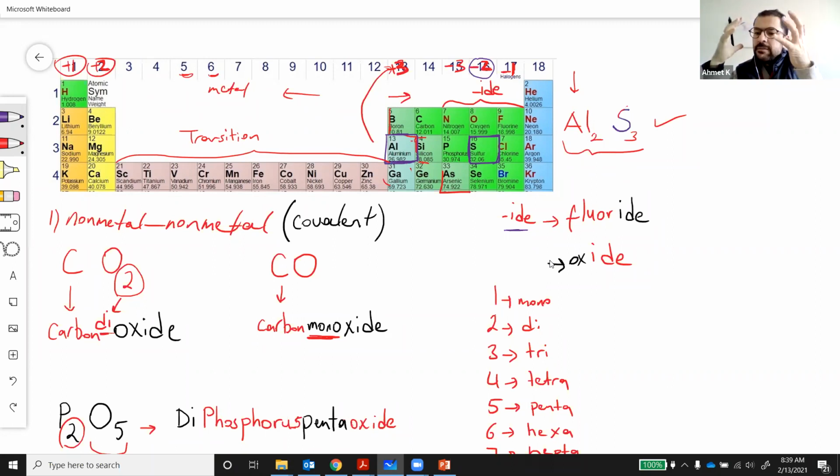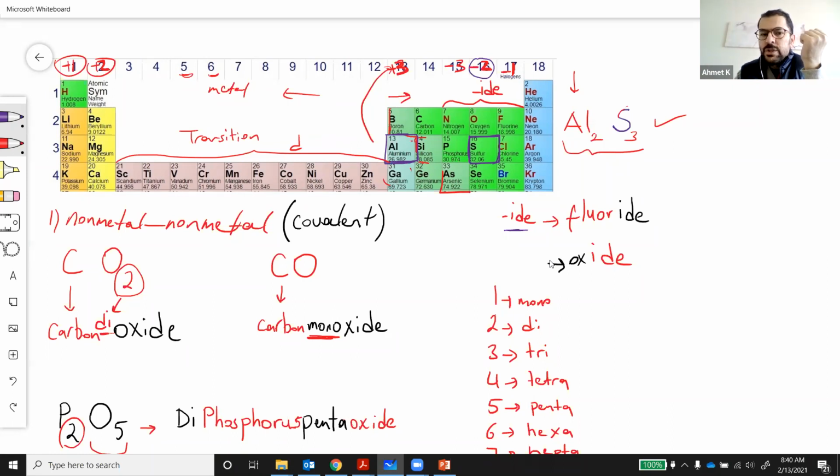We are not covering this in detail, but because they are large, remember the shells, they need extra orbitals. They have d orbitals, and because they have large d orbitals, they can do some weird things, so they can have different charges.